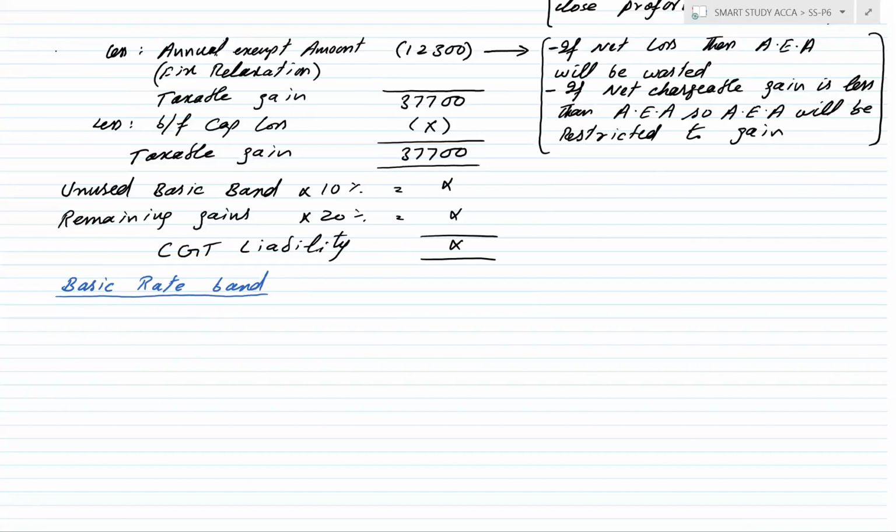Basic rate band is a level of tax, and this is a combined level for both income tax and CGT where the rate of tax is lower. And the amount for the basic rate band is fixed at 37,500.